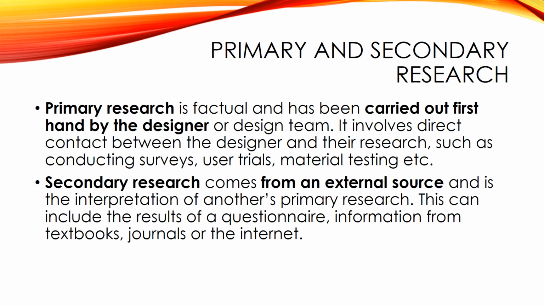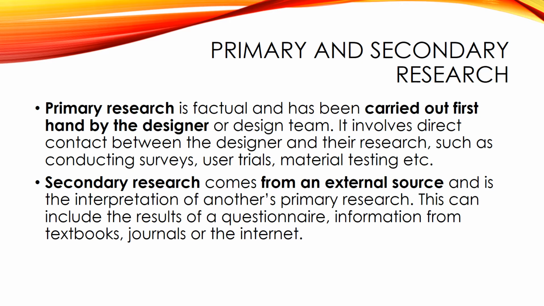Secondary research comes from an external source. What that means is secondary research is research that has been carried out by somebody else, and you are merely interpreting that research. Somebody else has carried out the primary research and you're just receiving that information second-hand.